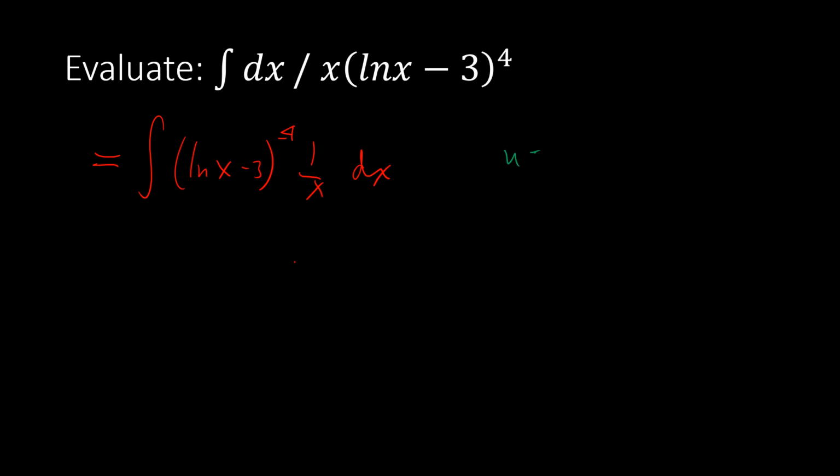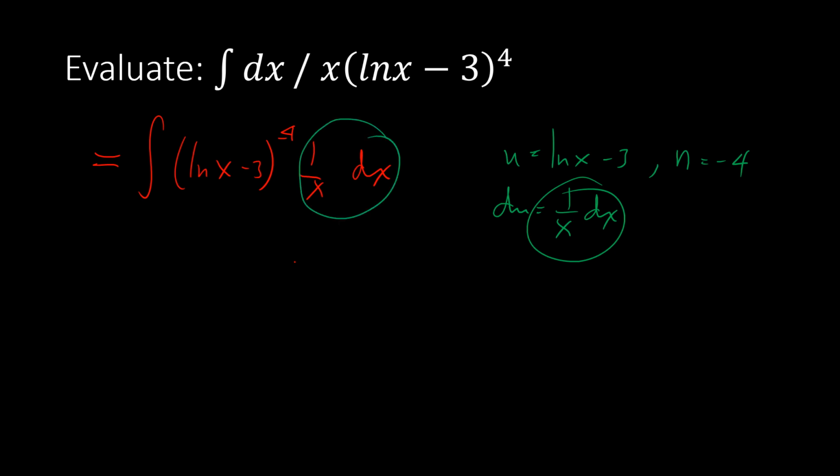My u is ln x minus 3, n is negative 4, du is equal to the differential of ln x, which is 1 over x dx, minus the differential of 3, which is 0. So the required du is dx over x. What we have is dx over x. So the answer is outright.